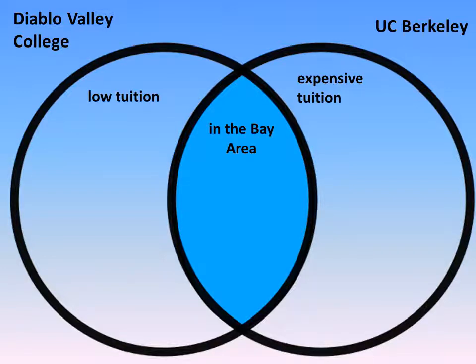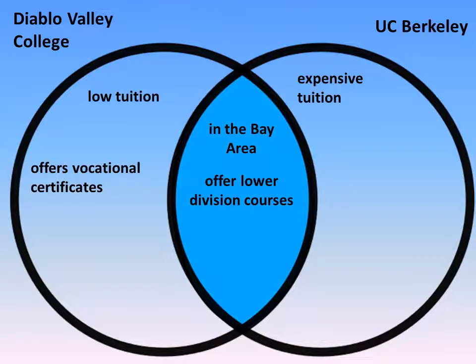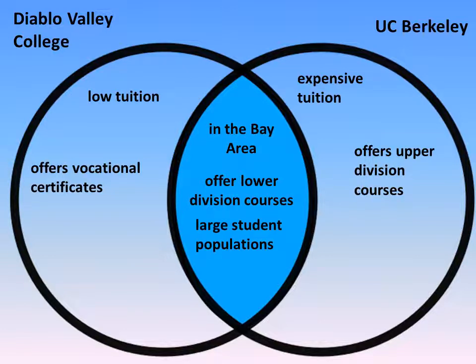They are both in the Bay Area. Diablo Valley College offers vocational certificates, again, certificates in areas of specific work. They both offer lower division courses, the first 2 years of a bachelor degree. UC Berkeley offers upper division courses.